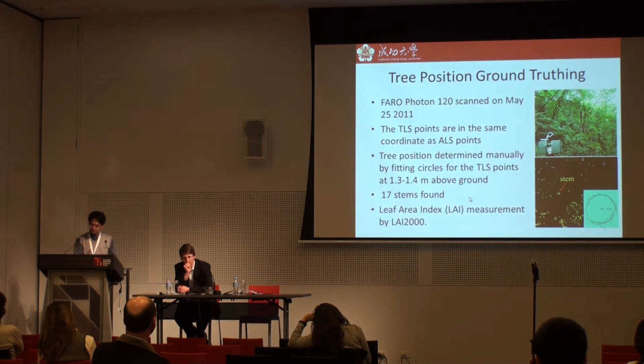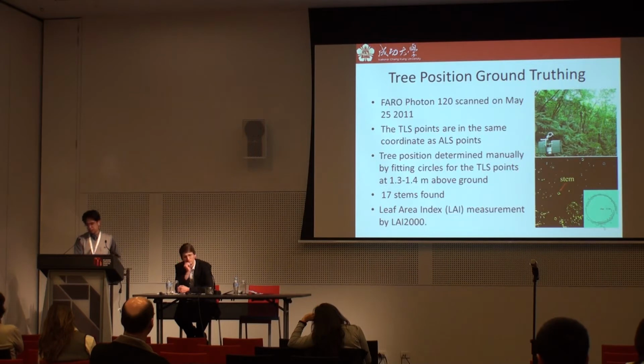For the ground truthing of the tree position, we employed a Faro Photon 120, and we had it scanned on May 25th of 2011. So this is actually 2 years after the airborne LiDAR scan. We assume the trees hadn't changed much, so this ground truthing is still valid.